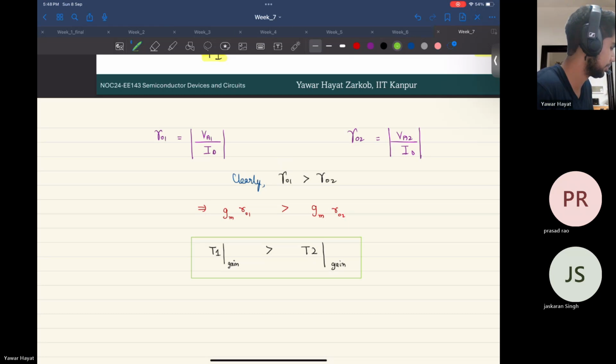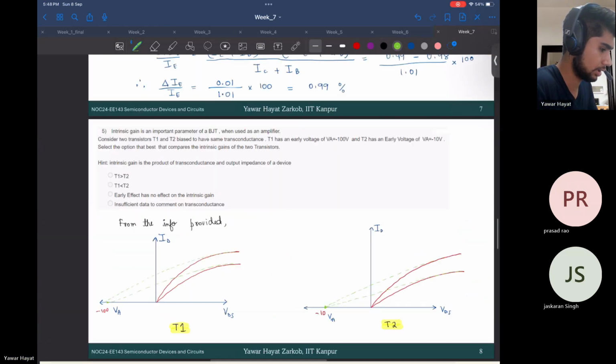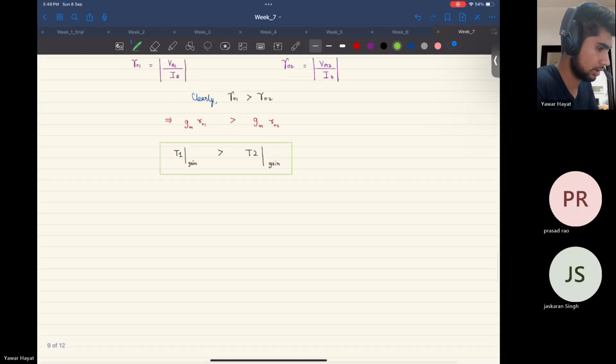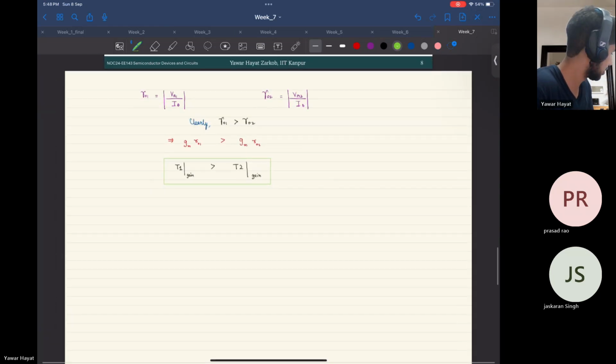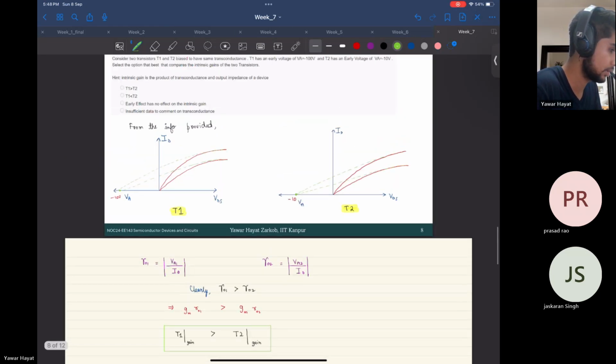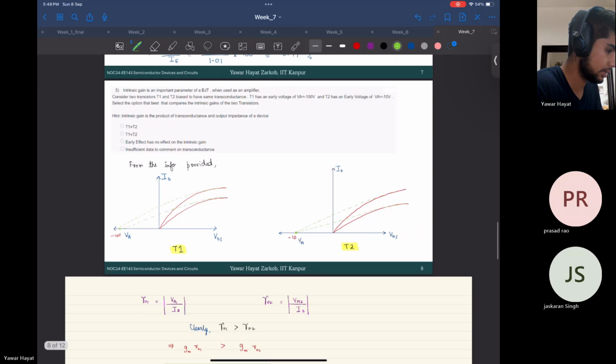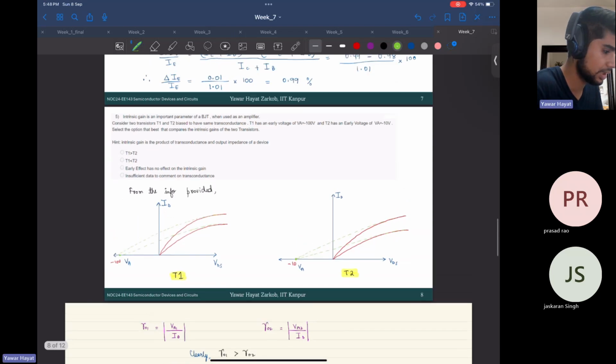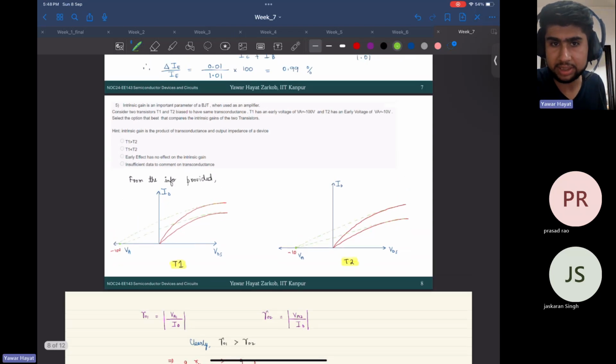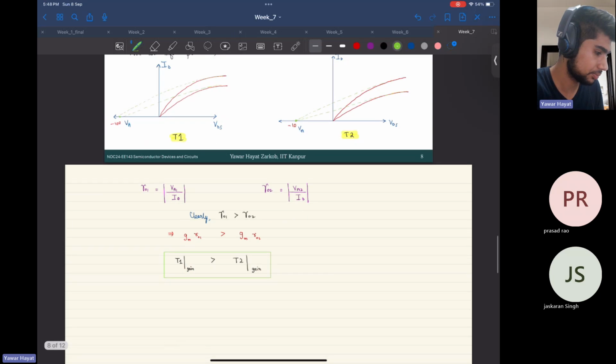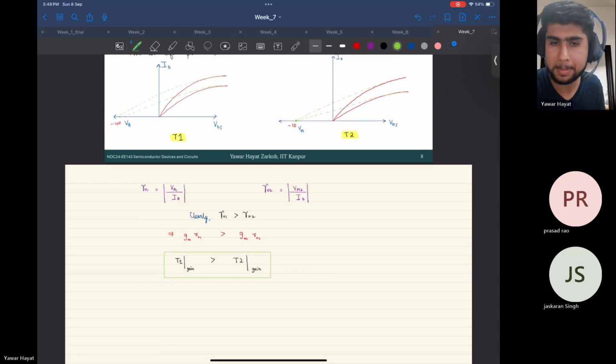Done. This is your Q5. Right? So that is why this T1 would be greater than T2. Is it fine? Okay.